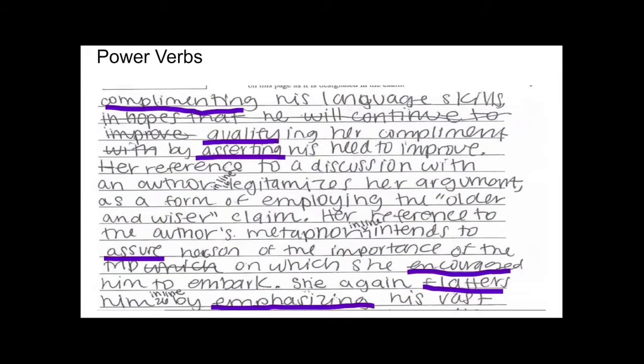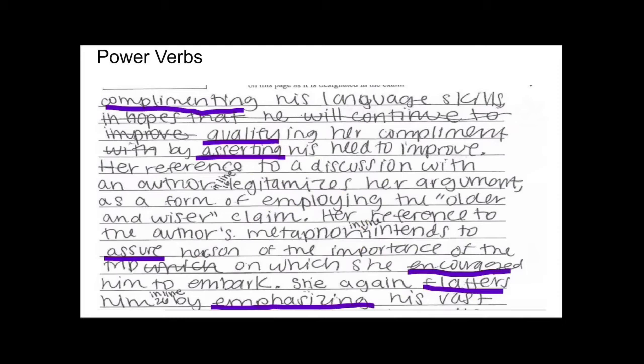You can see that this same student author continues by using the words compliment, qualify, assert, encourage, assure, flatter, emphasize. And the truth is that I've got to imagine that most of you know almost all of these words. They're not particularly academic vocabulary. They're words that you already have at your disposal. It's not about how fancy the word is.